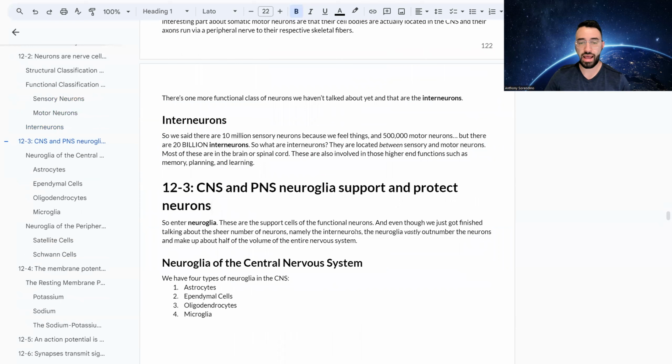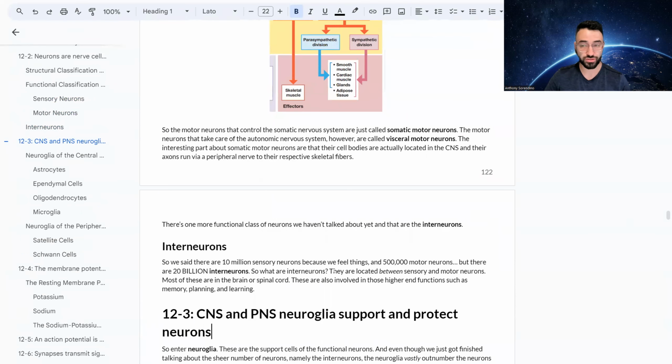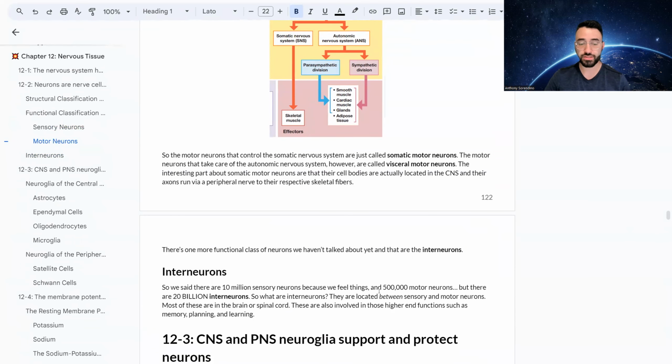But we also have these support cells. In the CNS and PNS, central and peripheral nervous system, the support cells are called neuroglia. In the central nervous system, we have astrocytes, which make up the extracellular matrix. We have oligodendrocytes, which I believe are involved with myelin, the wrapping, coating, and insulation that goes over the neurons.